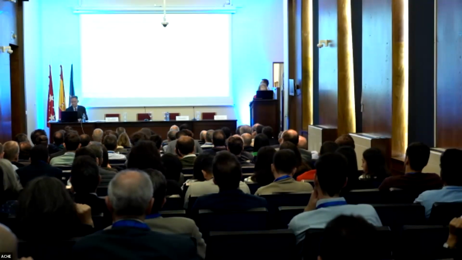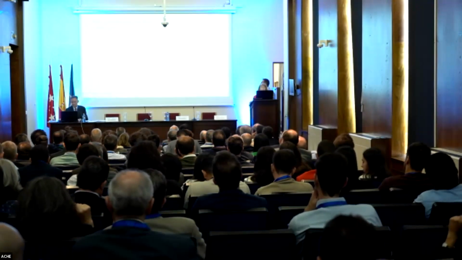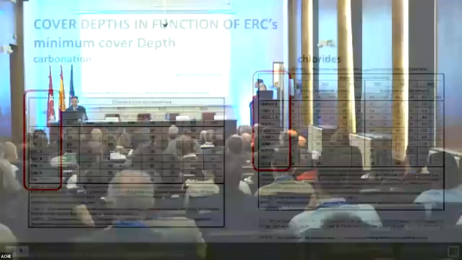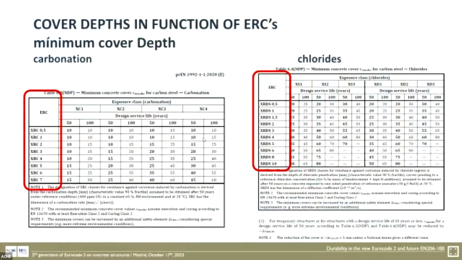It can be more or less than these, and also in 10 for the chlorides. And the cover depths are suggested for this. And the calibration of this cover depth is what has been made by modeling.